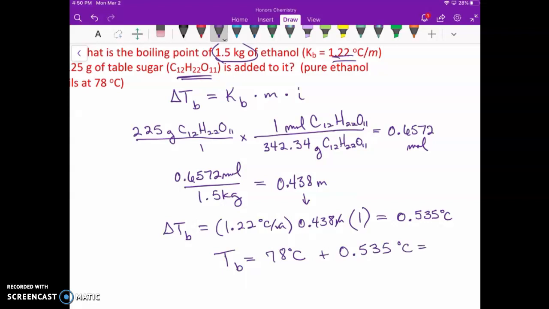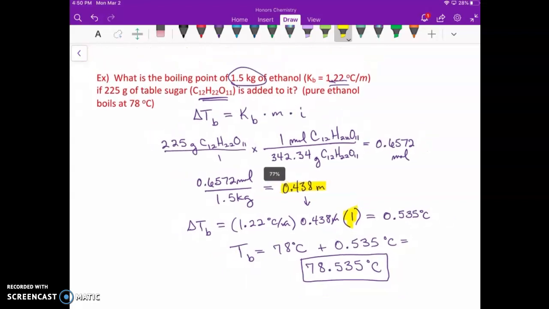And so we're going to be at 78.535 degrees Celsius, our expected new boiling point. So very small change, but that's because our molality was pretty low, 0.438, and we had that Van Hoff factor of 1.